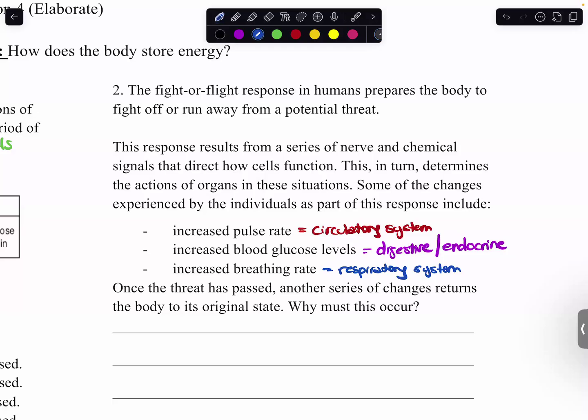We can take flight, not literally take flight with our wings, but we can literally prepare to run away from the threat or the potential threat as far as possible, as fast as possible to get away from it, right? But once the threat has passed, we need a way of bringing back our levels from essentially superhuman back to human level, all right, to its original state. And why must this occur?